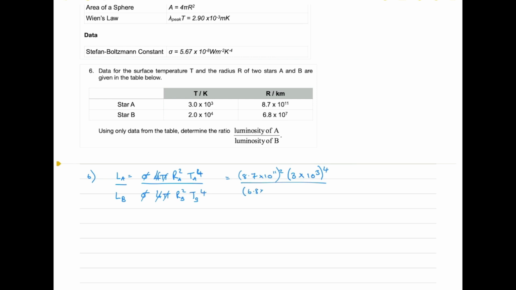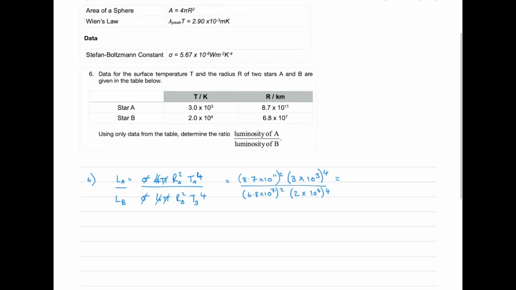6.8 times 10 to the 7, that's the radius of B, that's correct, times the temperature of B, which is 2 times 10 to the 4, to the power 4. And we pop all the numbers into that, and that comes out with 82855.8.